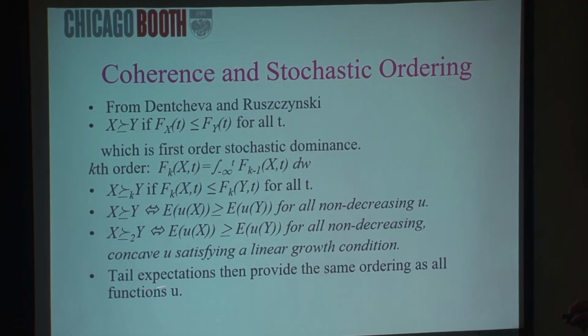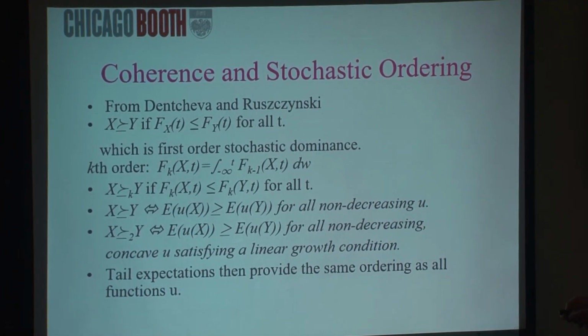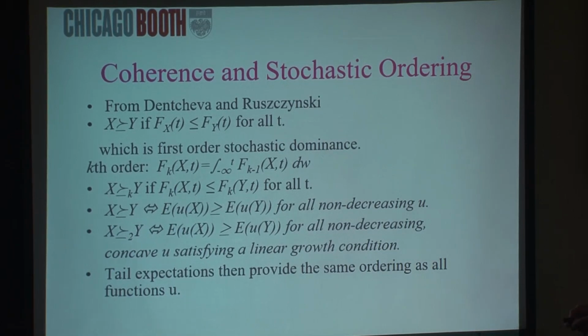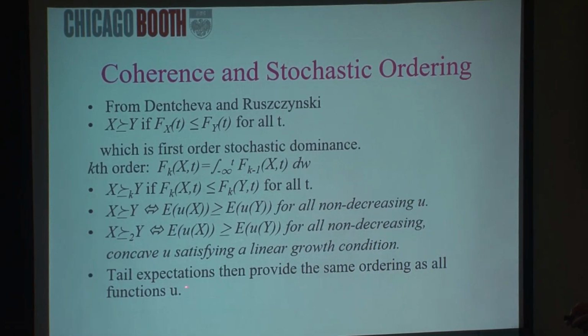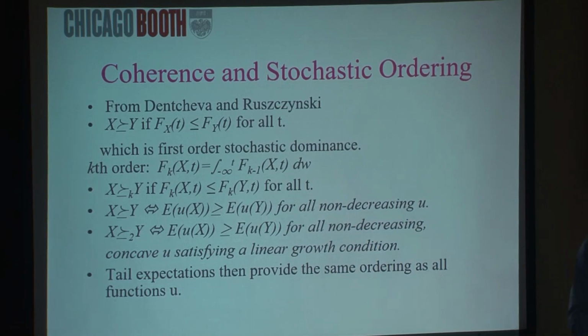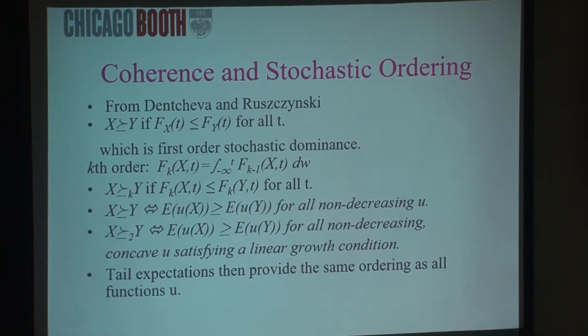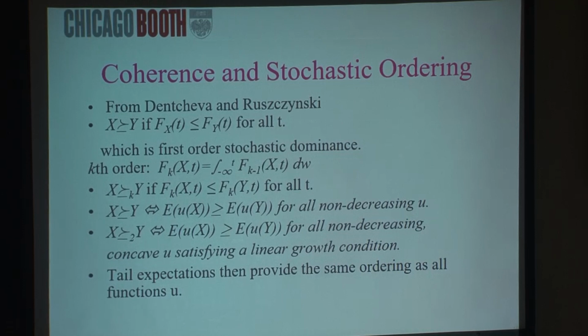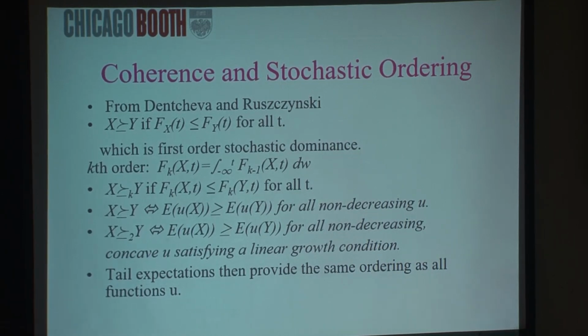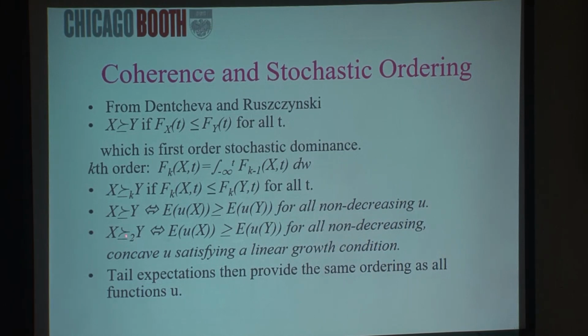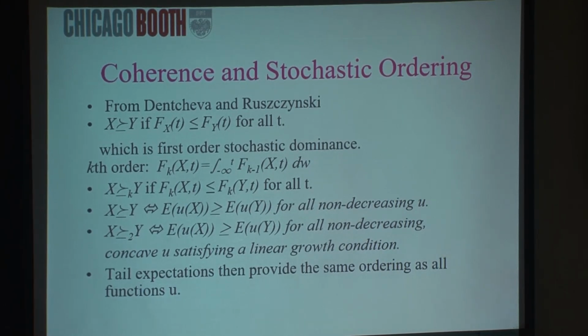These tail expectations, like the CVaR example over there, provide the same kind of ordering as second order stochastic dominance. So another motivation for these coherent risk measures is that they preserve second order dominance, or they can't contradict it.